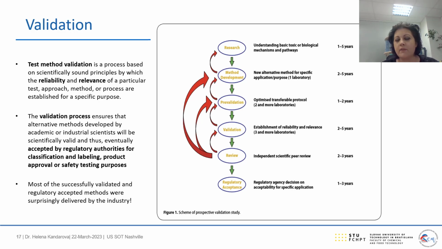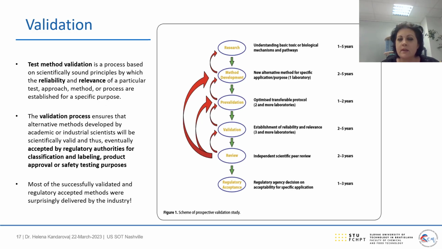In a pre-validation step, many times it happens that test methods developers have to step back to method development or even research and redesign the whole procedure or the whole model to better mimic the situation that they would like to model in their system.